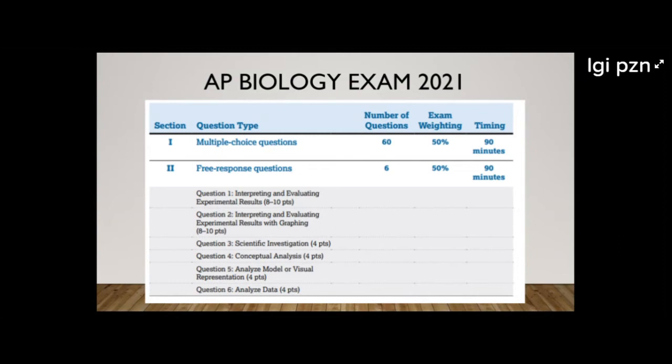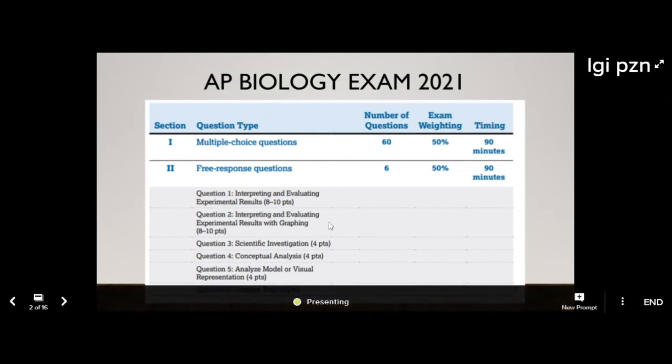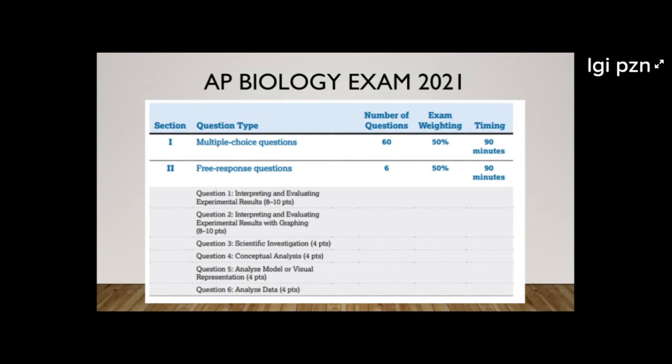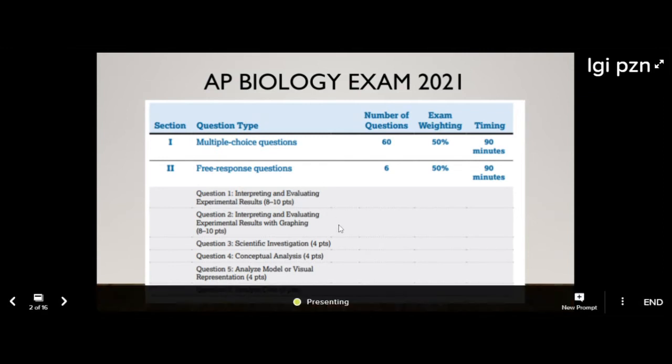Okay, the first 2 essay questions are the long ones, the ones you want to budget most of your time for. The first two questions you should budget about 20 minutes each for those.